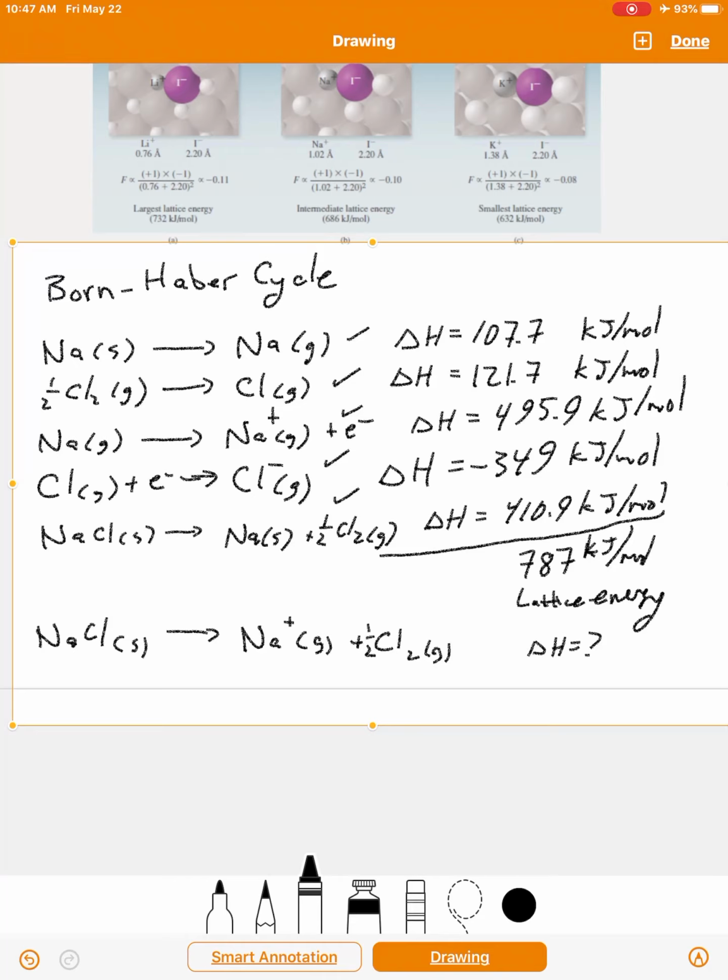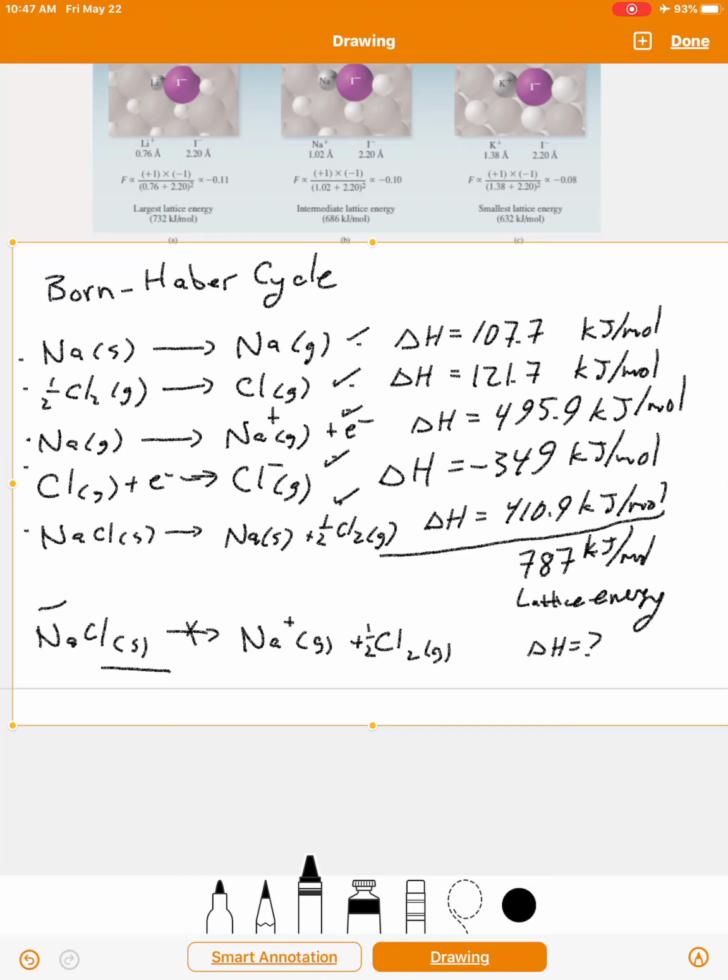It's done by taking delta H values that you can measure and then combining. Remember what happens with Hess's law? If you add the equations and you get an overall equation that you're looking for, there you go. This can't be measured directly, so what you do is you take all of these 5 reactions and you combine them.